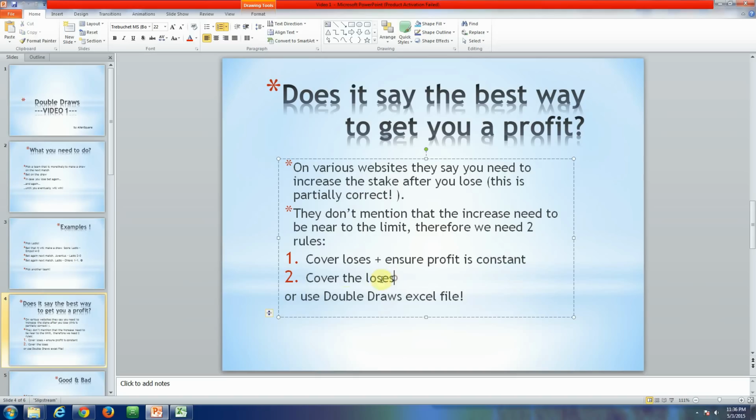And this is the second rule, and the most important: you need to cover your losses. You don't need to lose money on this strategy, because it is very risky. Both these rules are covered in the file that I showed to you at the start of the presentation.